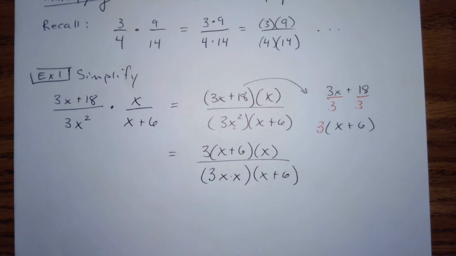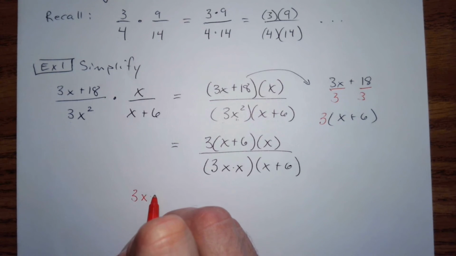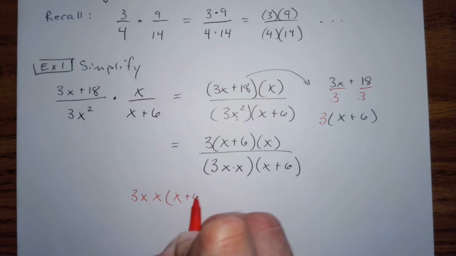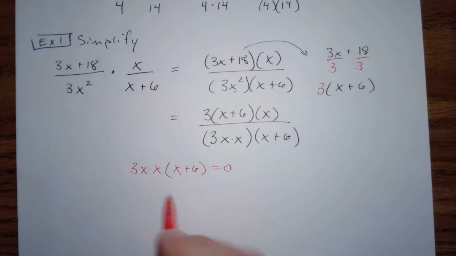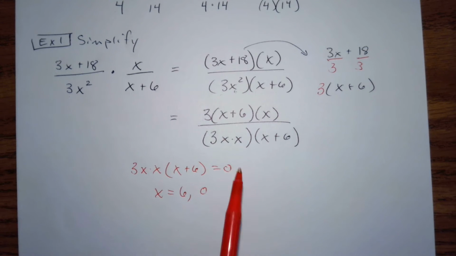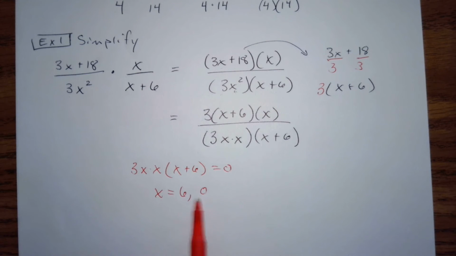So I would say 3 times x times x times x plus 6 equals 0. That means x is equal to 6 and 0. Those are the values that I cannot have in the denominator. I just get 0 twice because I have two pieces there. So these are the values that I cannot have for my restrictions.